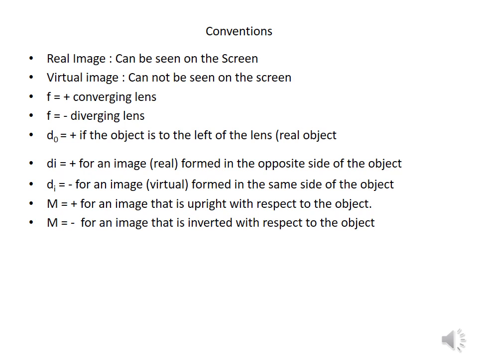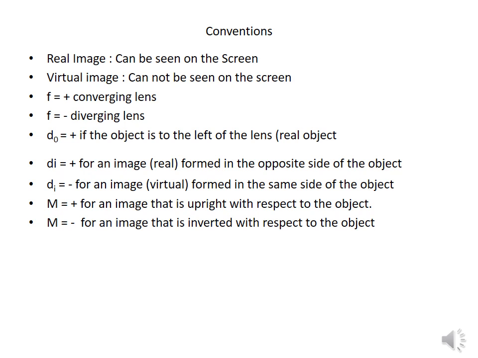So here are some conventions that you can use for image formation by lens. A real image can be seen on the screen. A virtual image cannot be seen on the screen. Focal length is positive for the converging lens, and focal length is negative for the diverging lens. dO, the distance of the object, is positive whenever the object is put in front of the lens. di is positive for an image formed on the opposite side of the object, and di is negative for an image formed on the same side of the object.